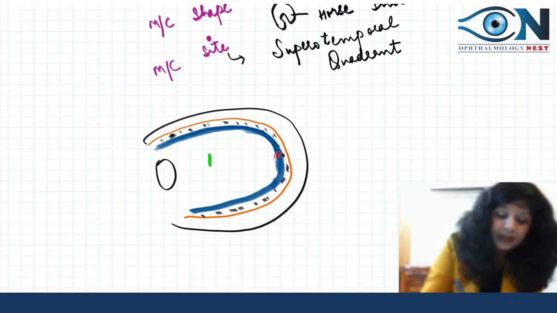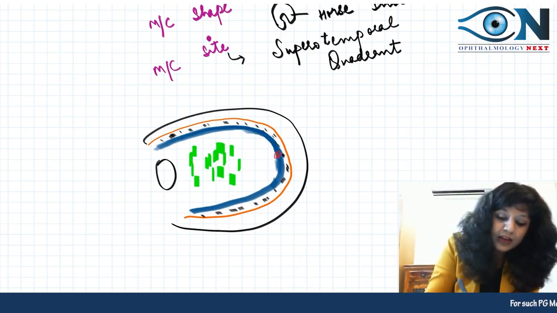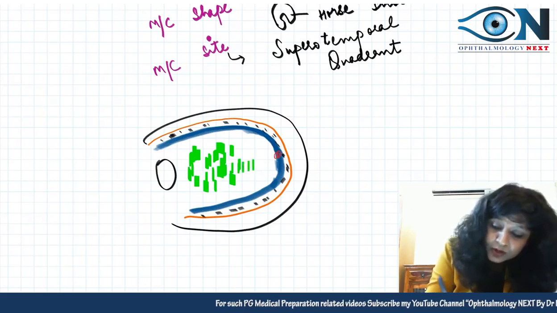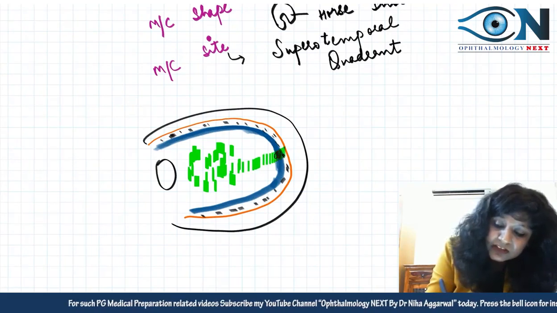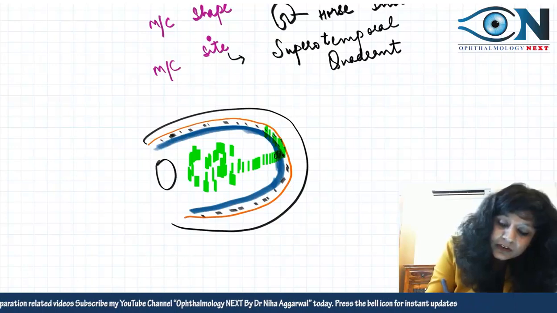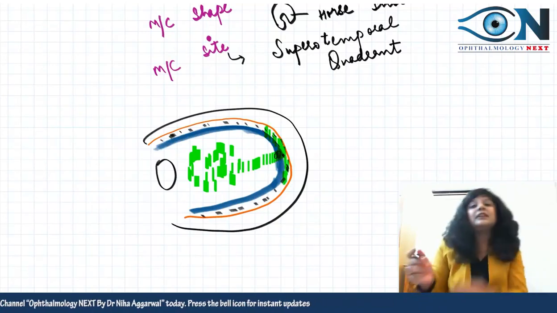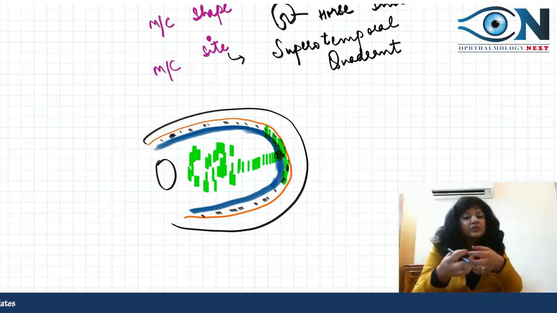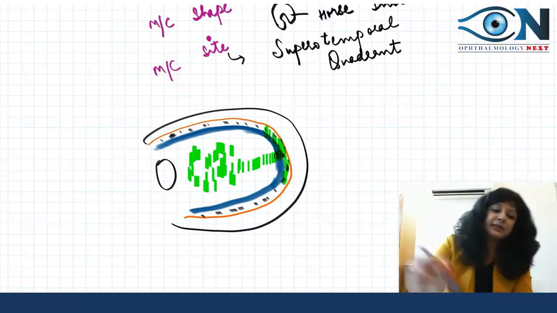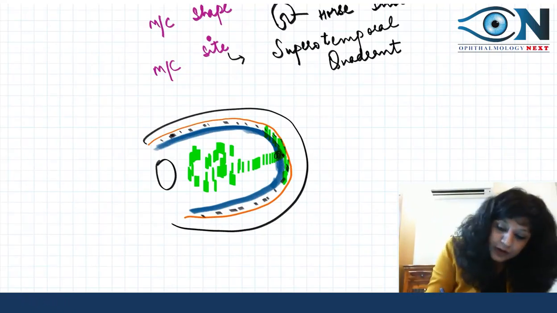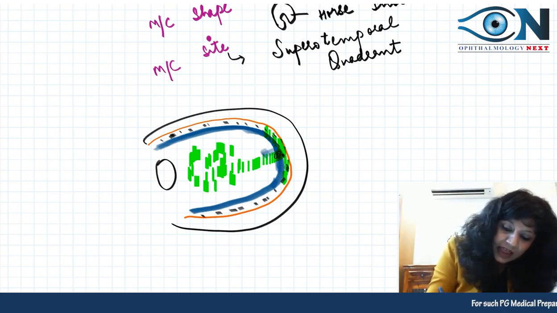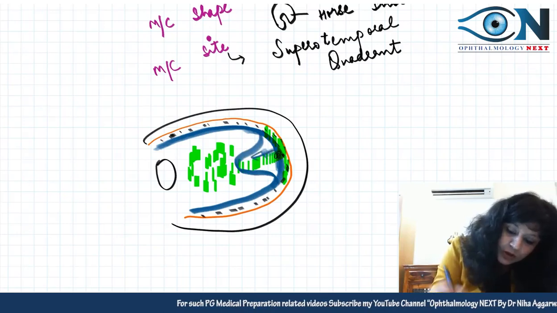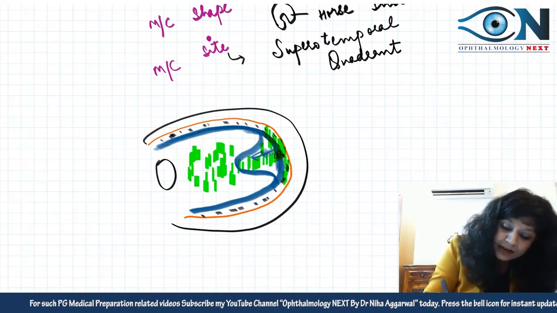Now as soon as we say that there is a hole here, what will happen? This vitreous is already liquefied, collapsed. So now this fluid will go through this hole and it will start collecting in between the 2 layers. So it is actually the fluid present in between these 2 layers which is responsible for increased separation, and therefore now this will start detaching and it will become something like this, because now fluid is collecting here.